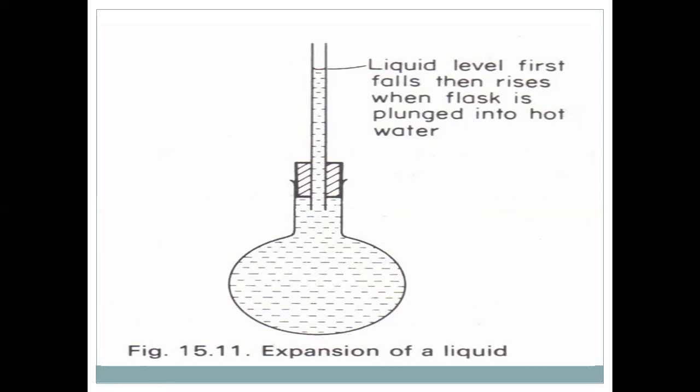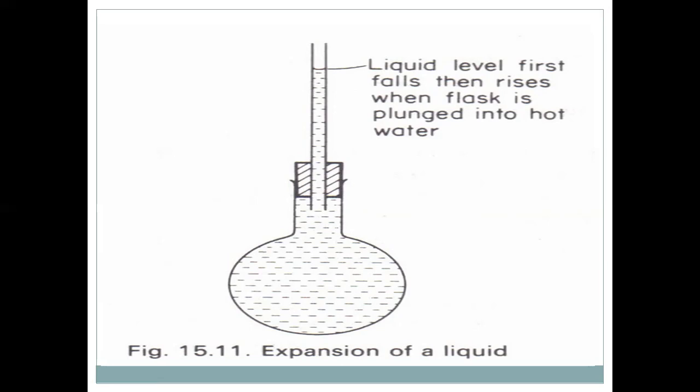This is well shown by the decrease in the level of the liquid at first when you put the beaker or the flask on a fire or on hot water. So the solid or the glass will firstly expand, so the level of the liquid decreases.